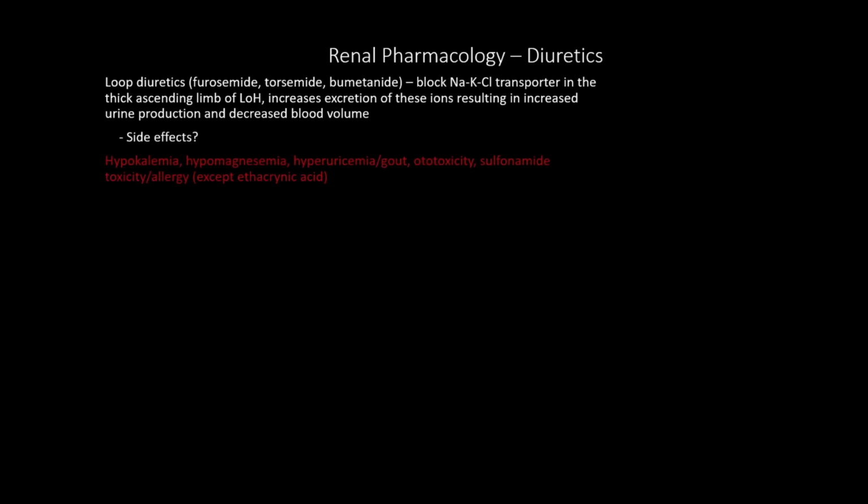The ototoxicity is high yield because there are not many drugs that cause ototoxicity. The sulfonamide toxicity, specifically with Lasix, and using ethacrynic acid as a backup in cases where they would have given you a history in the test question about an anaphylactic reaction to a sulfa drug in the past.